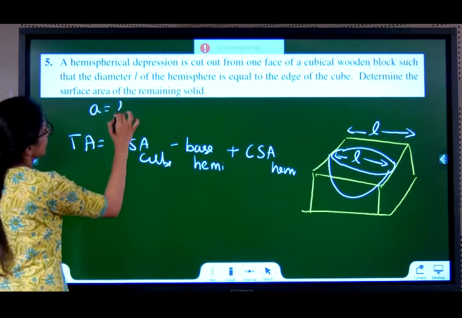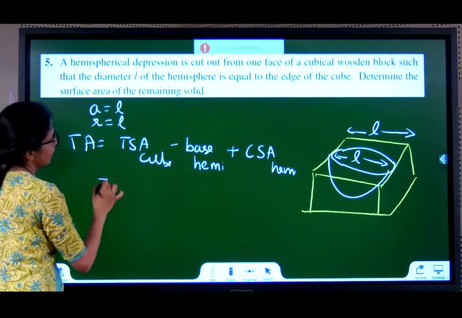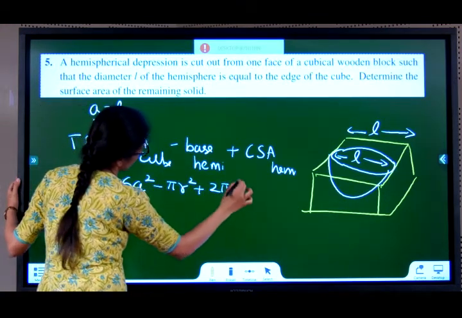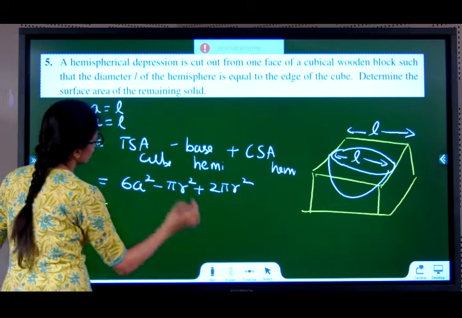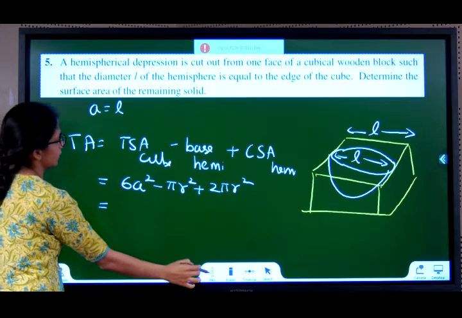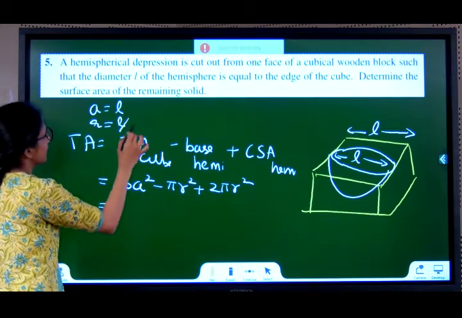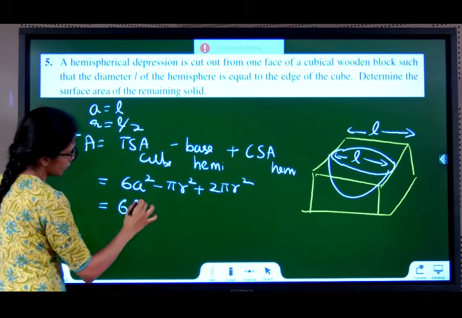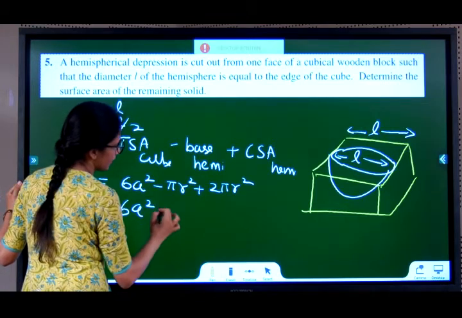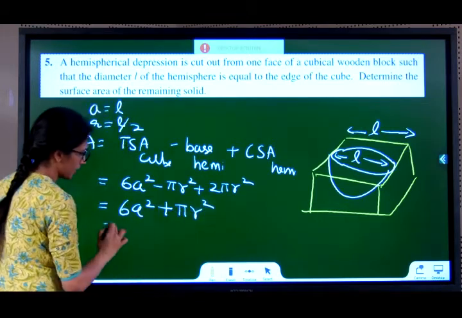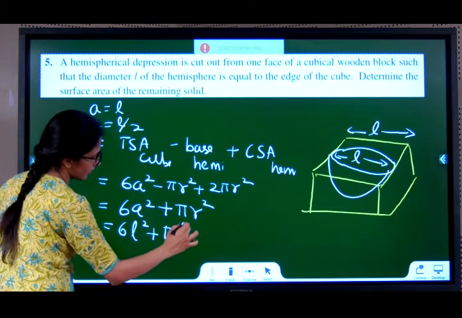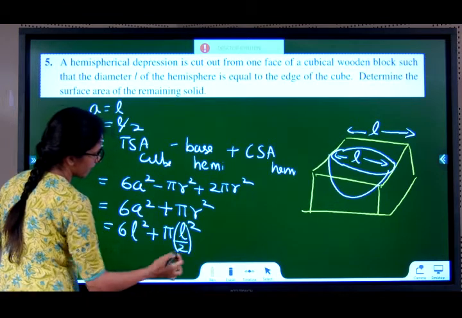Edge length is L, radius is also L. 6a square minus pi r square plus 2 pi r square. Edge length is L, diameter is L, so what will be radius? Change it here. Radius will be L by 2. So 6L square, before that 6a square minus pi r square plus 2 pi r square, plus pi r square. 6L square plus pi L by 2 the whole square.